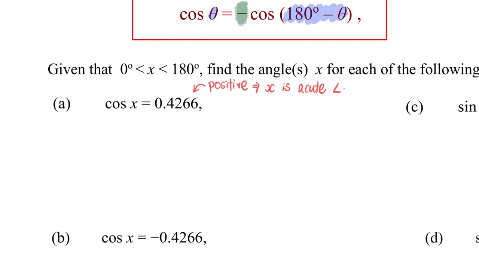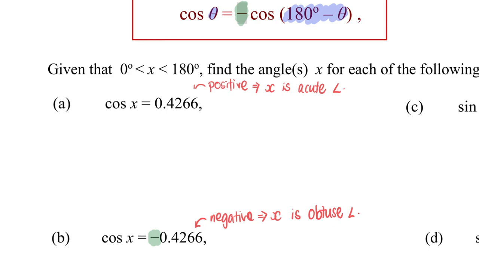Because if I compare this ratio with part B, which has a negative ratio, this tells me that angle x is an obtuse angle. Okay, so that's the first thing.